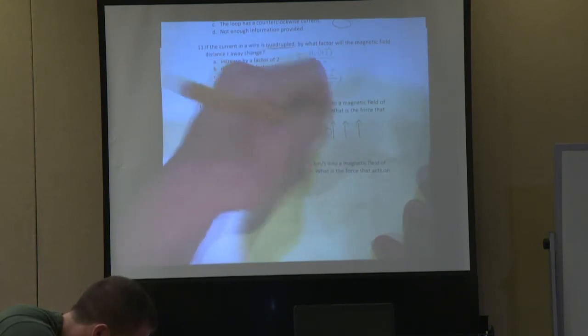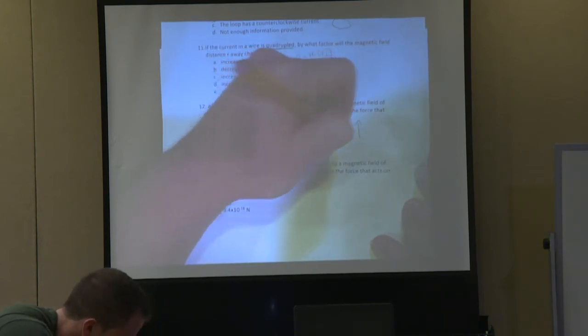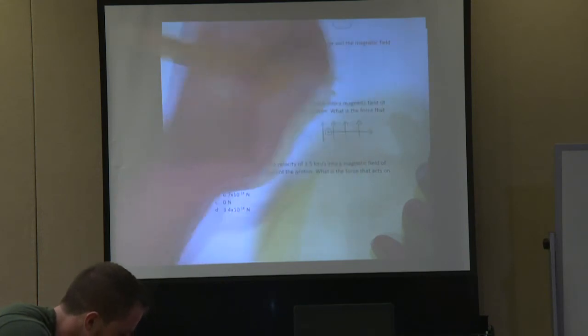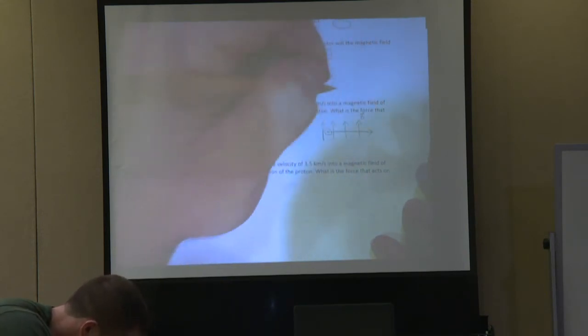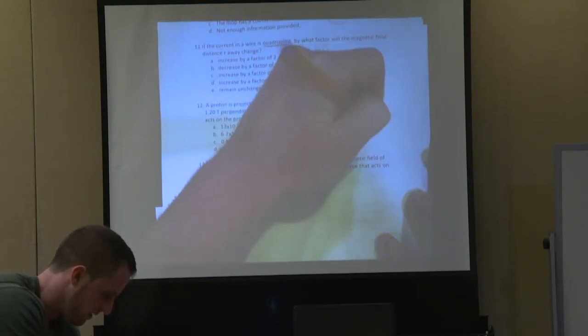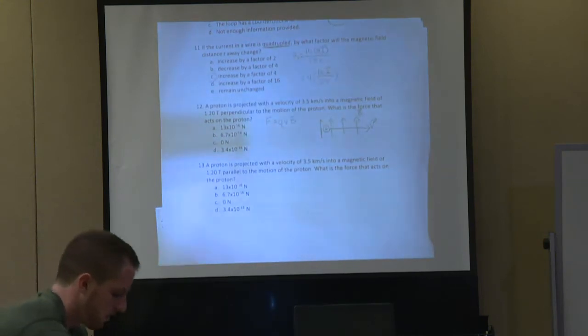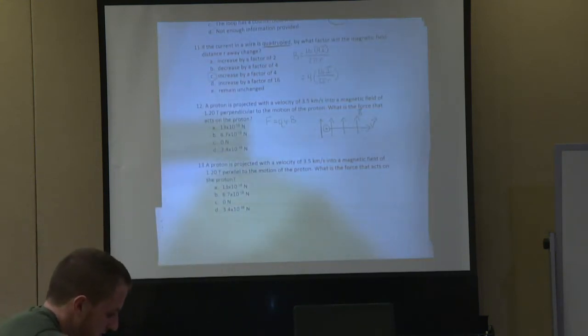You have a proton, perpendicular. These up arrows are indicative of the magnetic field, and then this horizontal arrow is indicative of the velocity of the proton.